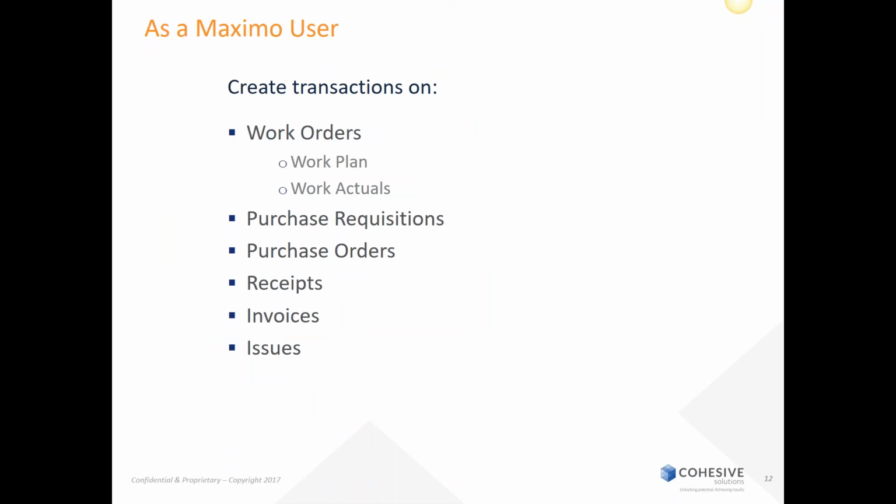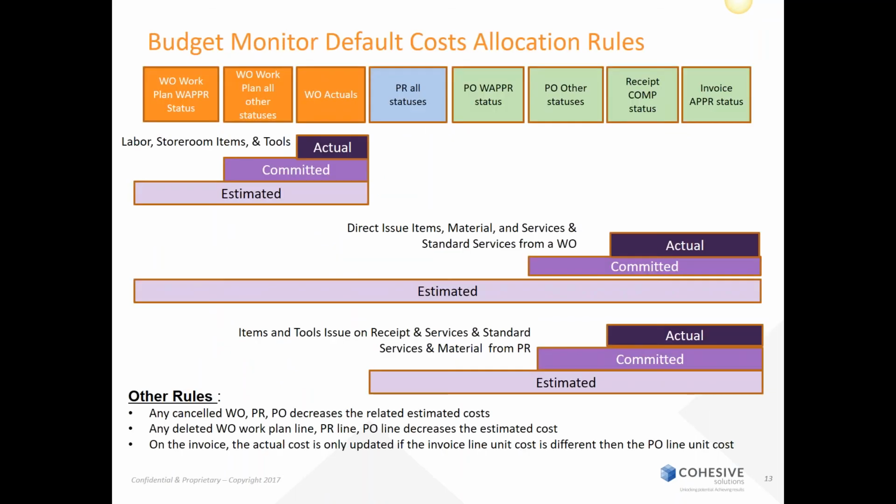So as a Maximo user, you create transactions on work orders by filling out work plans and actual tabs. Purchase requisitions, purchase orders, receipts, invoices, and issues can, if you're using all of that, add up into and roll into the budget. Using IBM's rules, this is kind of how it vets out.